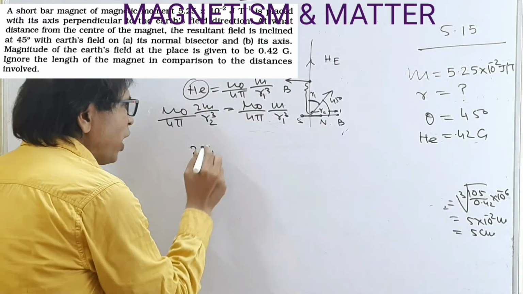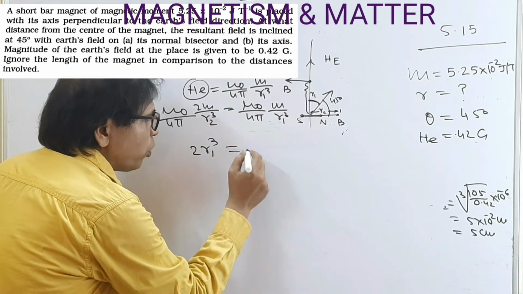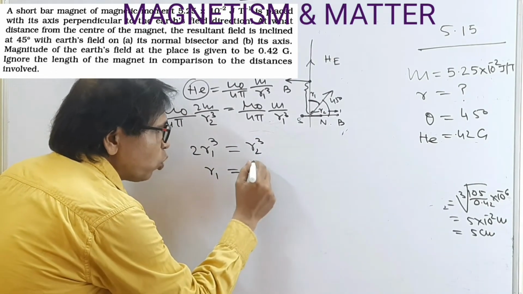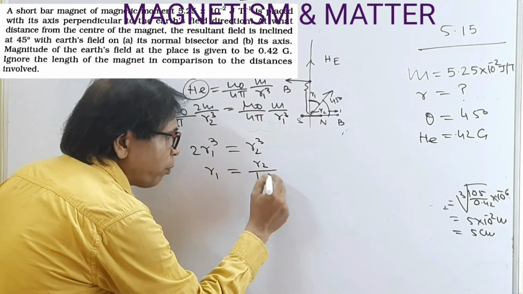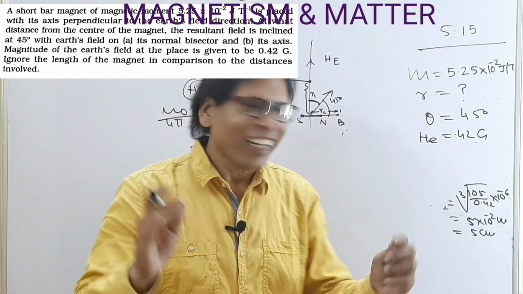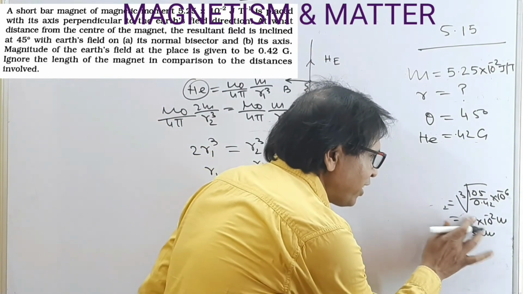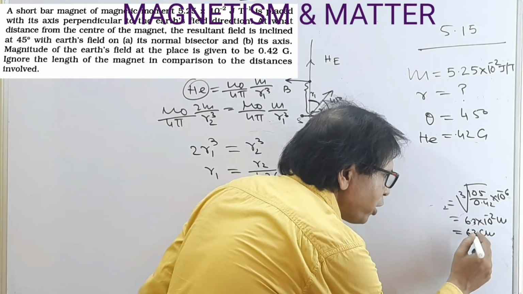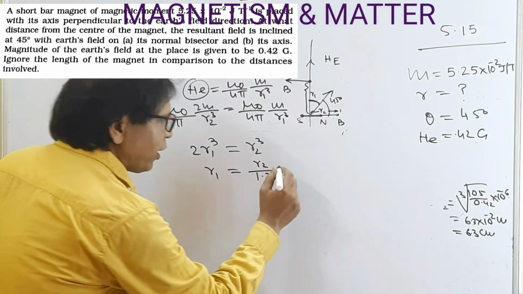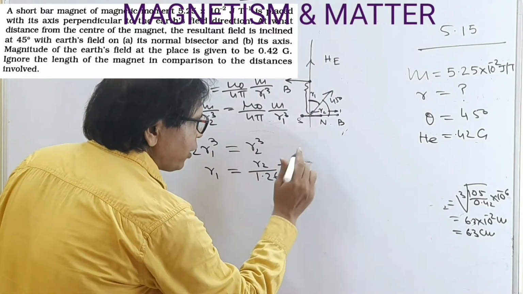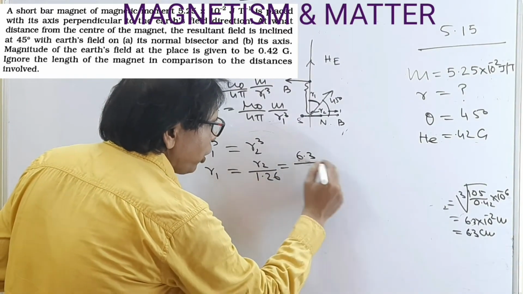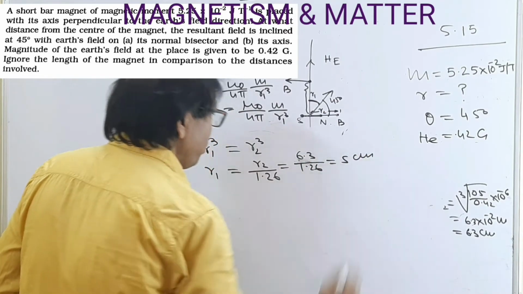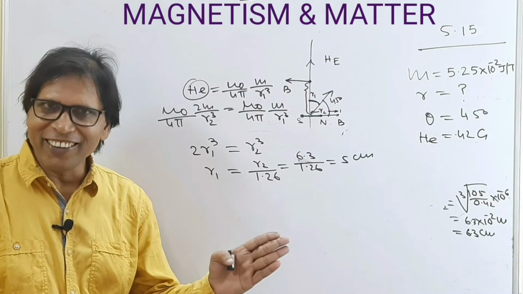Now 2 r1 cube equals r2 cube, so r1 equals r2 divided by 1.26. Sorry, this is not 5, this is 6.3 centimeter. Therefore this is 6.3 divided by 1.26, so this is 5 centimeter. Okay, understood?